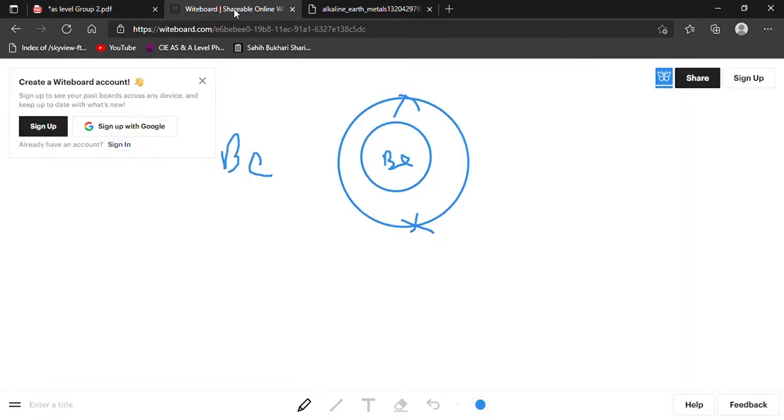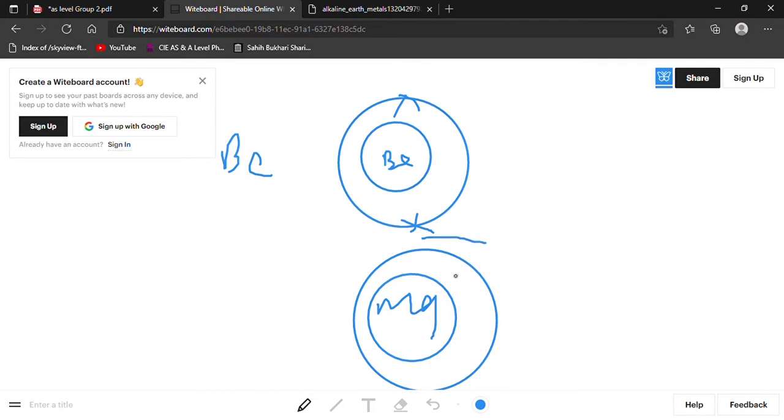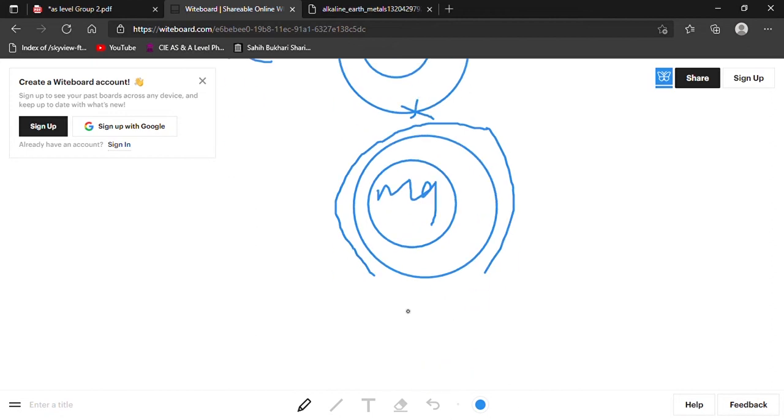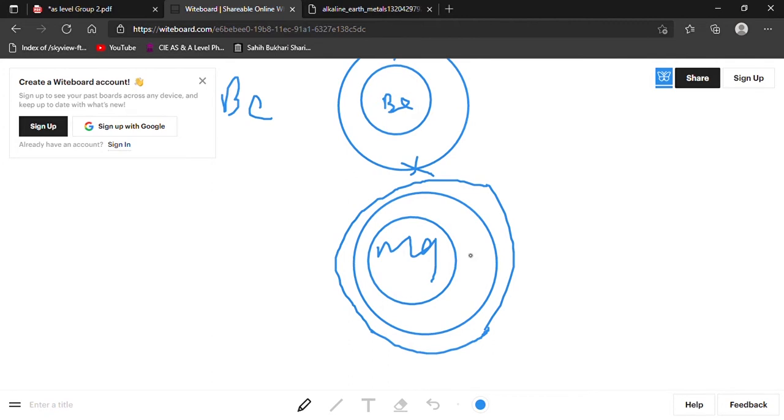But as we go down the group, for magnesium, if I draw it, we have one full shell, another full shell, and another shell. The first one can contain 2 electrons, and the other one 8.